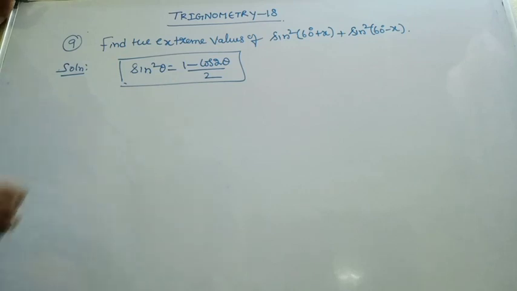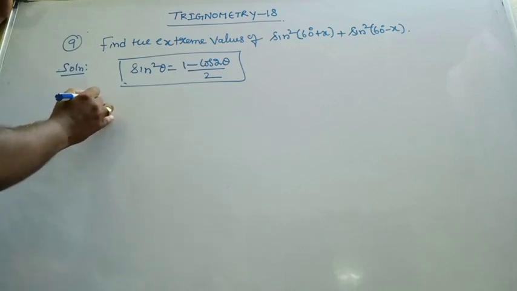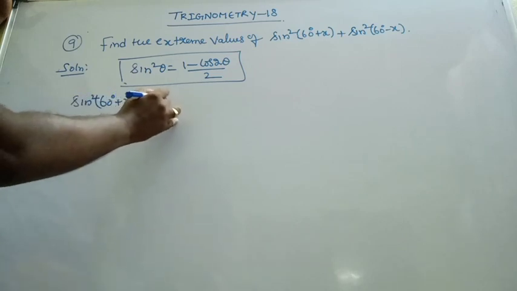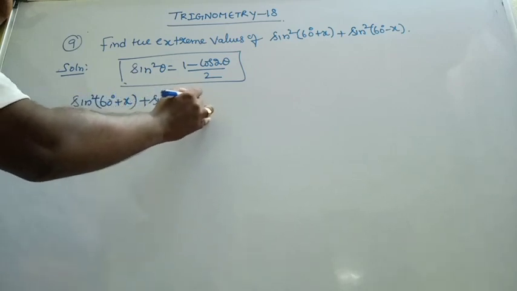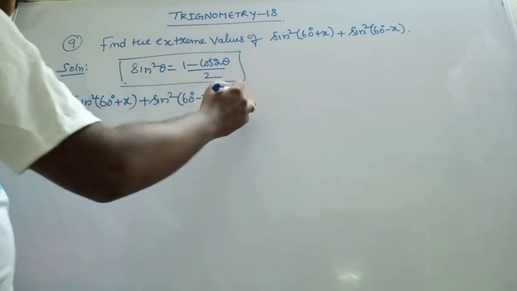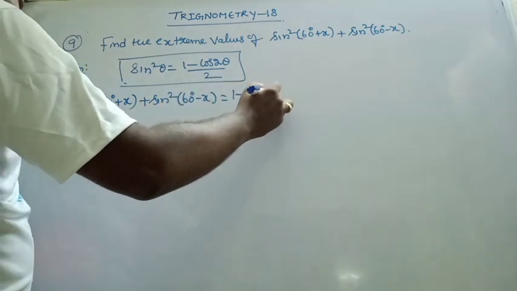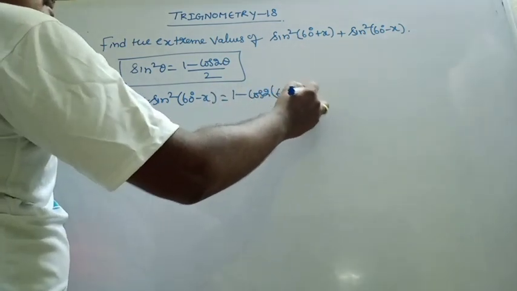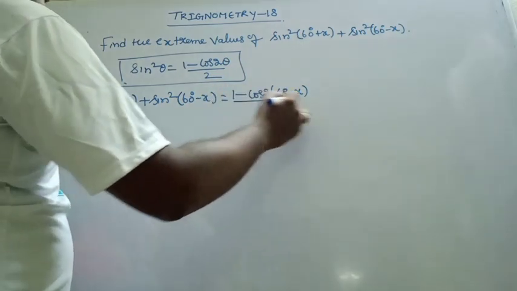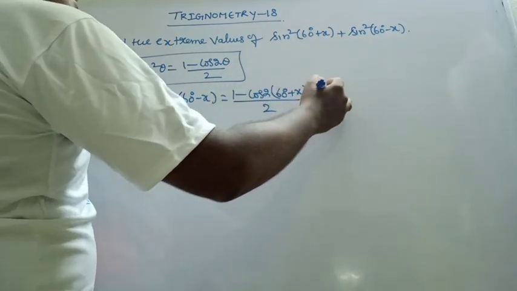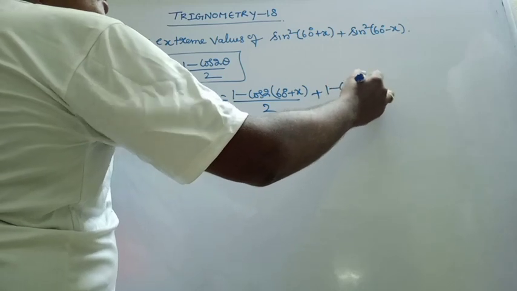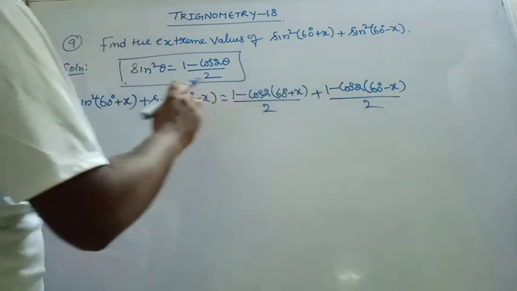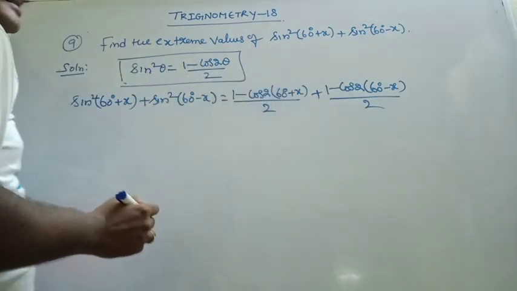So sin²(60 degrees plus x) plus sin²(60 degrees minus x) equals (1 minus cos 2 into (60 degrees plus x)) by 2 plus (1 minus cos 2 into (60 degrees minus x)) by 2, because in place of θ you are having 60 degrees plus x.